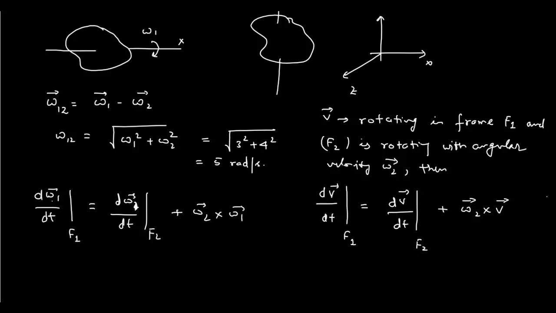Now the angular velocity is constant as the axes are fixed and the magnitude is fixed. So this part is 0 in this fixed frame.